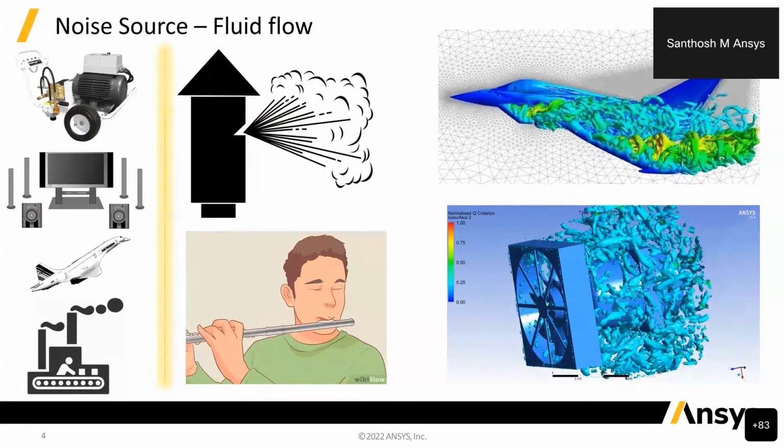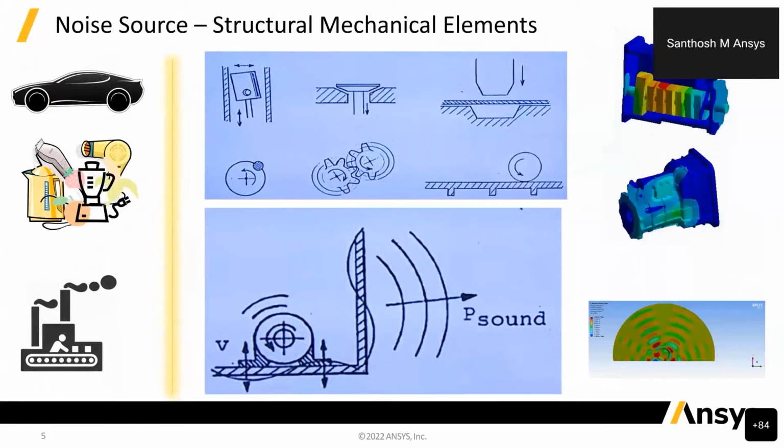The other source of noise generation is the vibration of mechanical structural elements. These vibrations start radiating noise, which propagates through the air and is perceived by nearby human beings or even animals, sea life creatures, and so on.